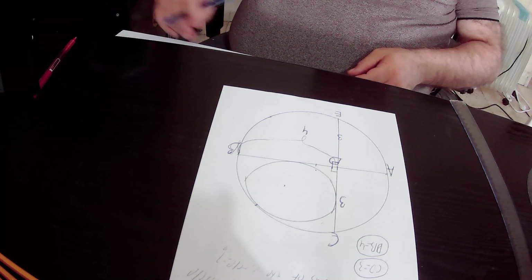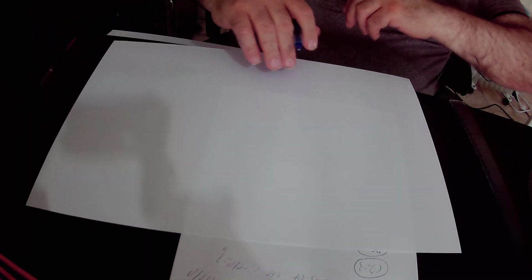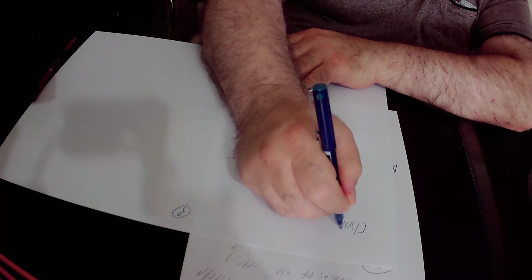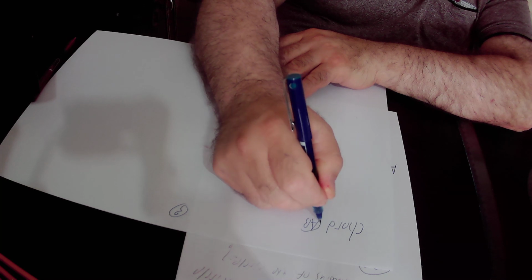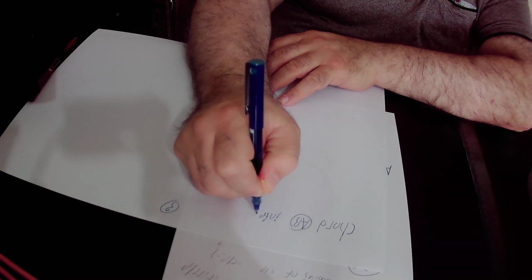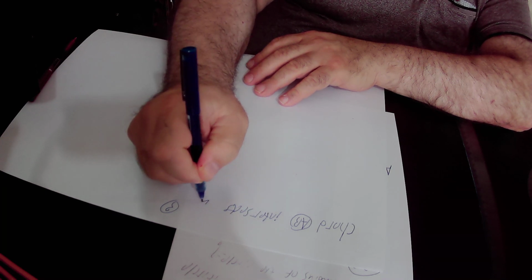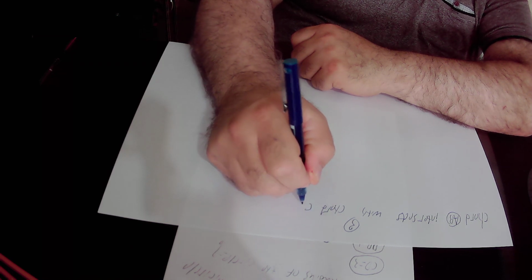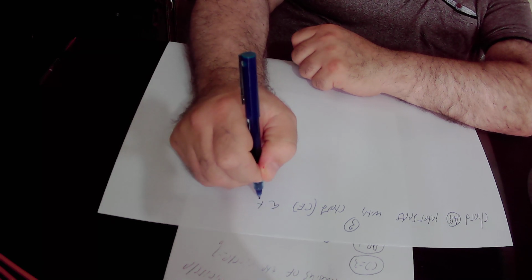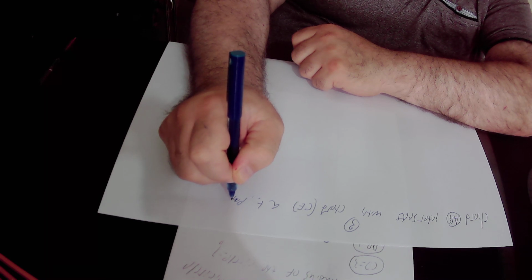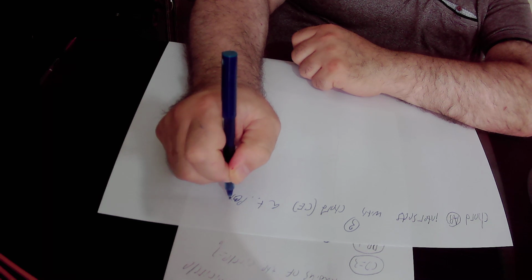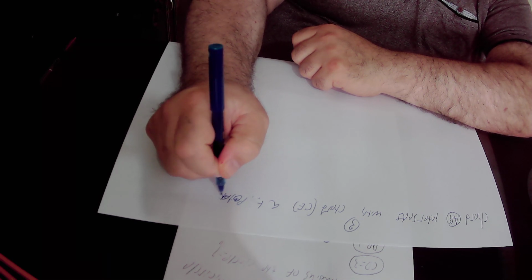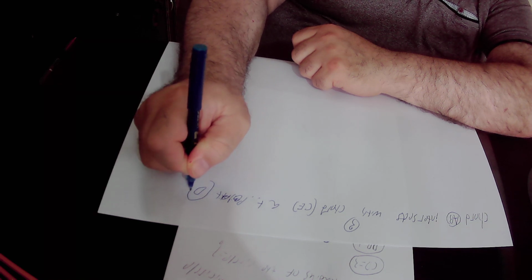In our drawing, chord AB intersects with chord CE at point D, the intersection point of chord AB with chord CE.